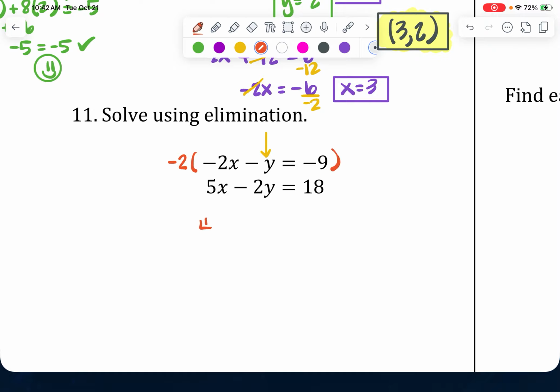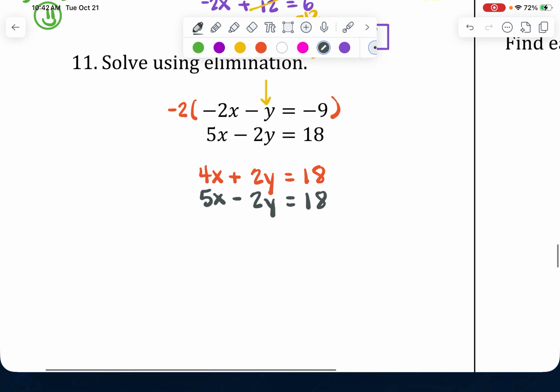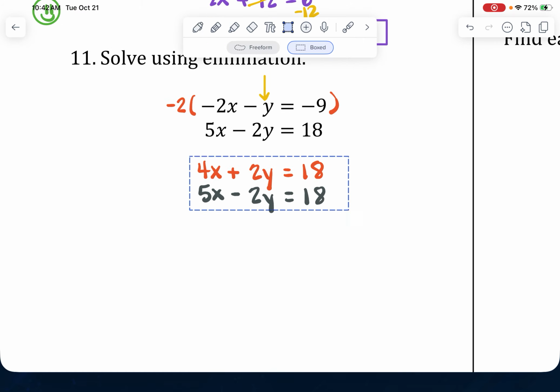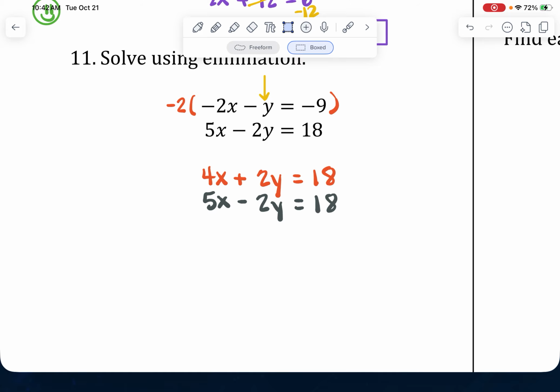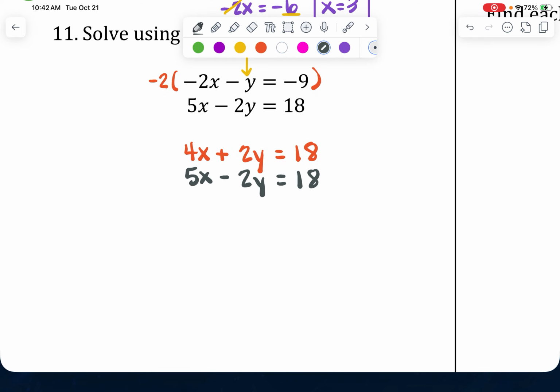So that's going to give us 4x plus 2y, which is exactly what I wanted to happen, equals 18. Now I'm going to bring down and rewrite my other equation underneath it. I like to keep my equations always aligned vertically so I don't ever lose track of where I'm at in my math problem. Right, so here's my system after I've manipulated the equations.